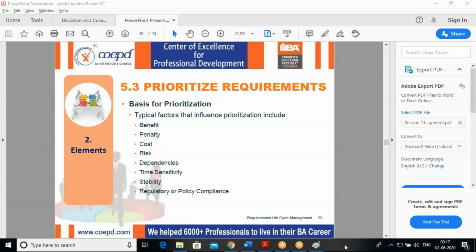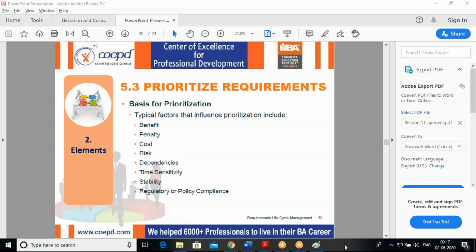Gyan, your inputs on the prioritization? I think first would be cost. Then, as you mentioned, stability, regulatory compliances, and the risk and dependencies.